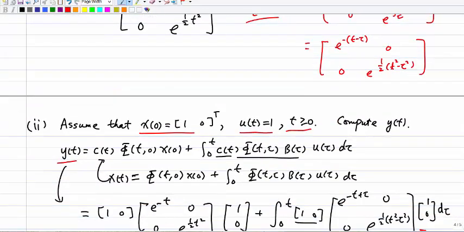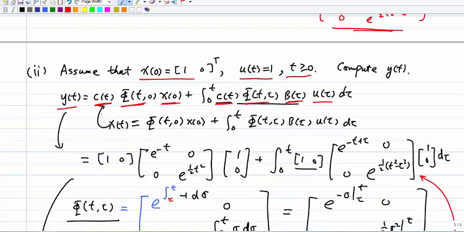If C is already given, then A(t), B(t), C(t) are given. So let's take a look. C(t) is given, Φ was already calculated in the previous step, x0 is already given, Φ(t, τ) was already computed over here, and B(τ) and u(τ) are all given, so we can calculate that. If I do the calculation, I replace C(t) by (1, 0), and Φ(t, 0) is [e^(-t), 0; 0, e^(1/2 t²)], and x0 is (1, 0).